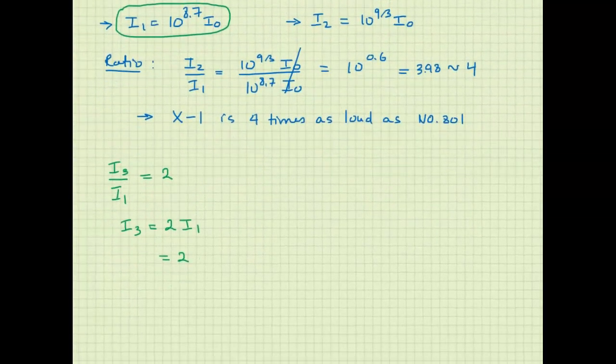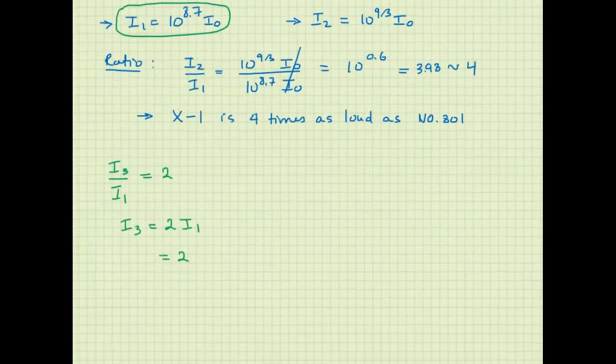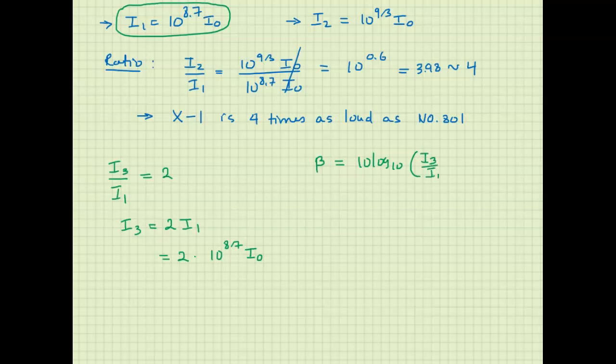Okay, so we have 2 times 10 to the 8.7 I0. I3, so let's see, we basically are looking for this unknown sound pressure level, beta.